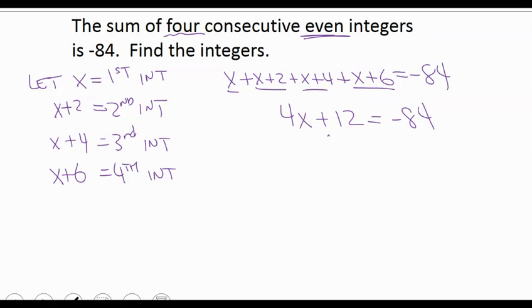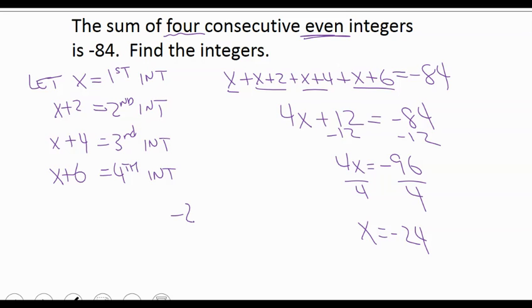I'm going to solve this, subtract 12 from both sides. So 4x equals negative 96. I'm going to divide by 4, and I get x equals negative 24. So now, that's my first integer, because that's what I said, x is the first integer. Now, I see people go wrong on problems like these. They're like, all right, negative 24, negative 26, negative 28.